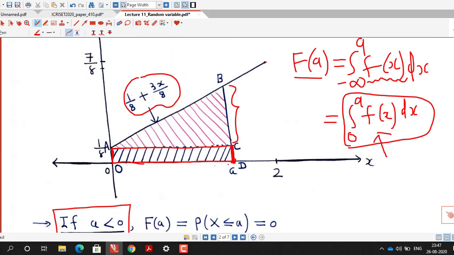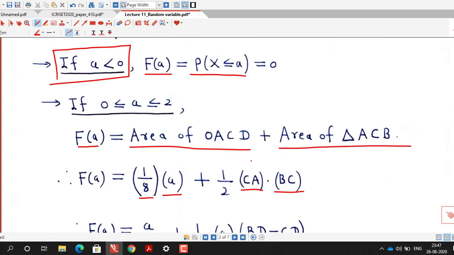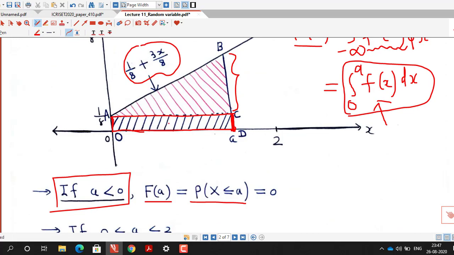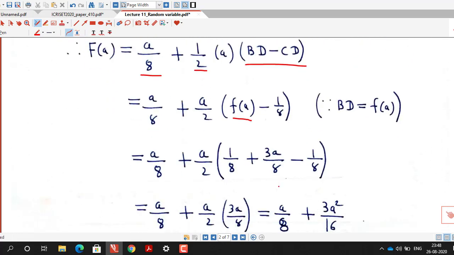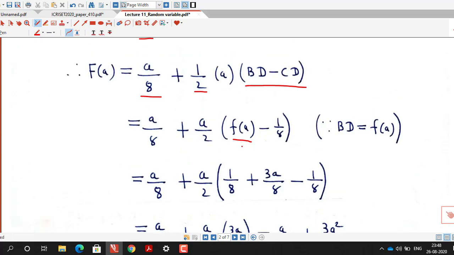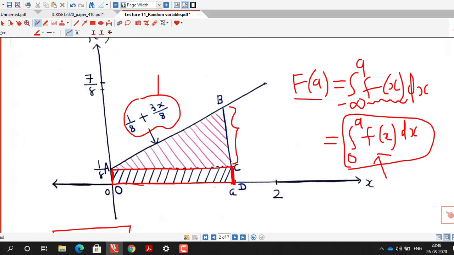Now what is BD? BD is the value of the function at x equal to a. This whole part BD is nothing but the value of the PDF at x equal to a, so BD can be written as f of a. And the value of CD is 1 by 8. If we simplify, f of a can be calculated by putting x equal to a in this formula.